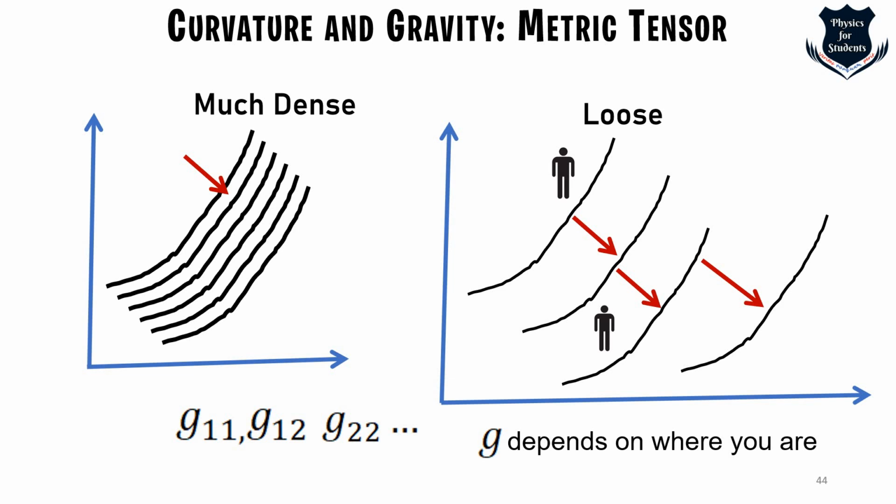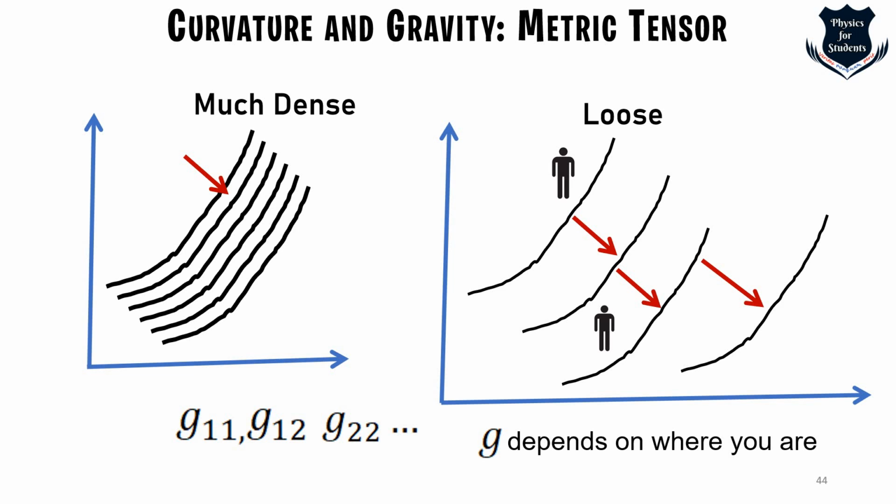That means G depends on where I actually am. I understand that this is not a very clear idea in terms of mathematics, but you can look into my extensive video on the metric tensor, where I have even calculated the derivation of the metric tensor.